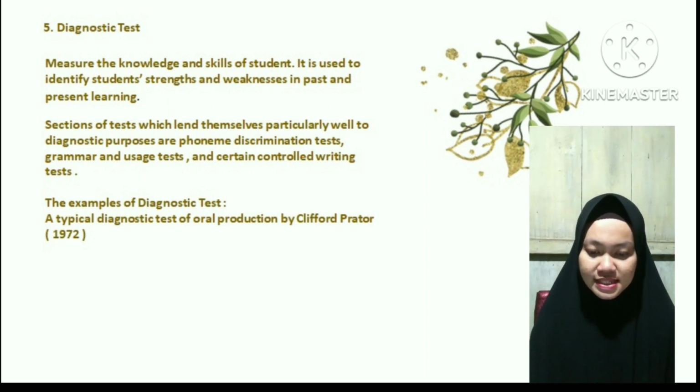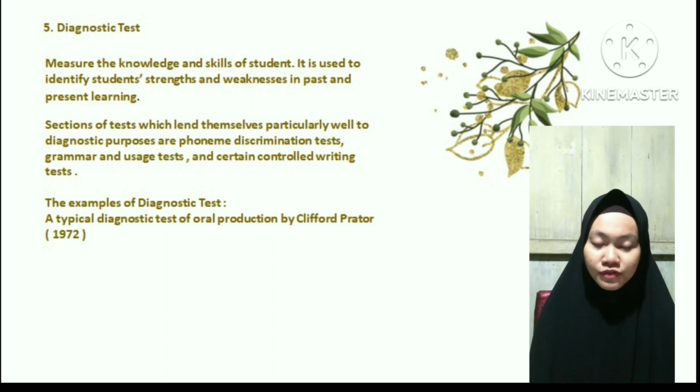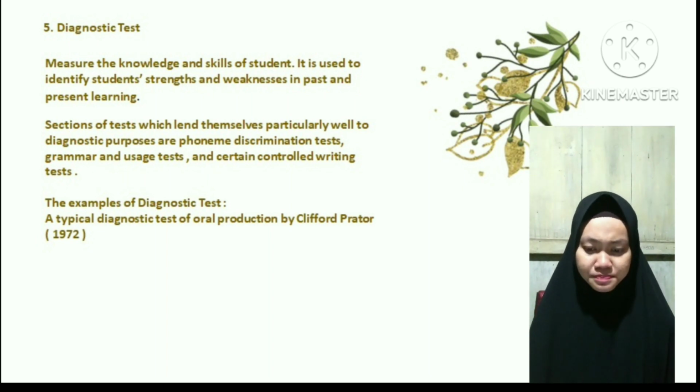After multiple listenings, the administrator produces a checklist of errors in five separate categories, each of which has several subcategories. The main categories include: first, stress and rhythm; second, intonation; third, vowels; fourth, consonants; and fifth, other factors.